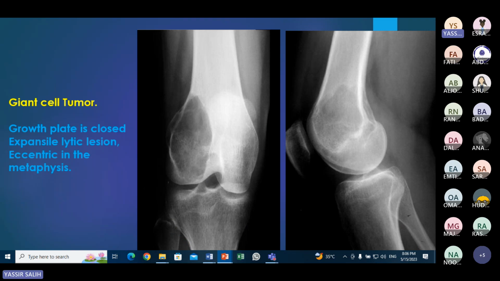Enumerate the radiological manifestations in this X-ray. How do we describe this abnormality?